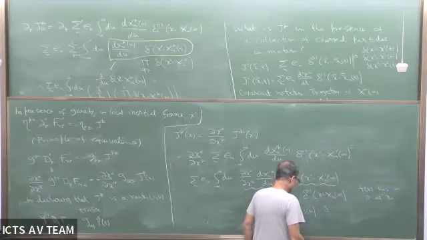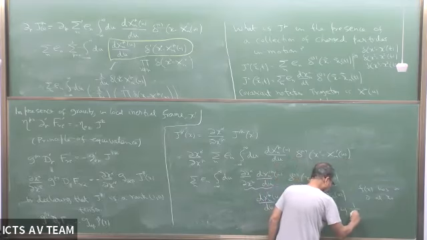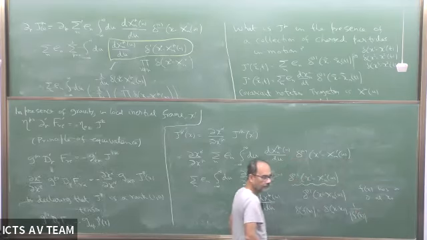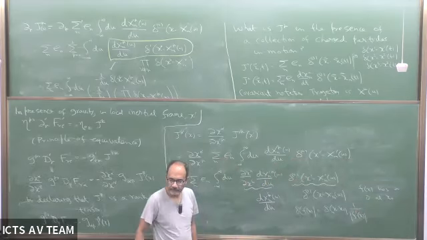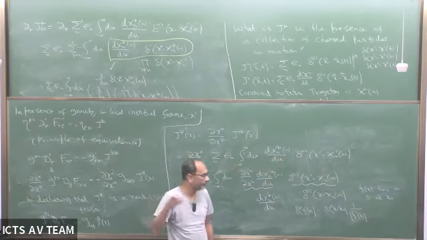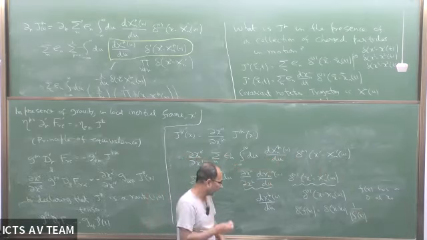Then delta of f(x) is delta of x minus x naught times 1 over |f prime of x|. This is how our Dirac delta function transforms. Delta of ax is equal to 1 over |a| times delta of x. That follows from the definition that once you integrate over x, you should get 1. x naught. Thank you.